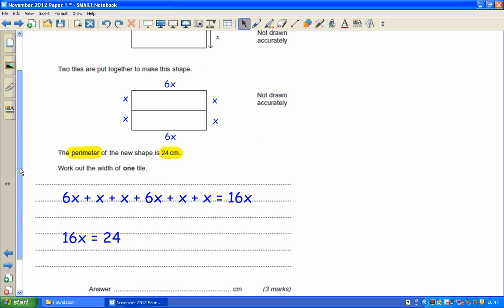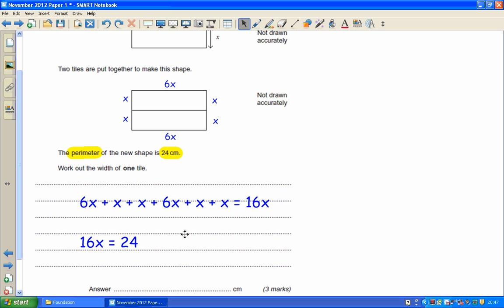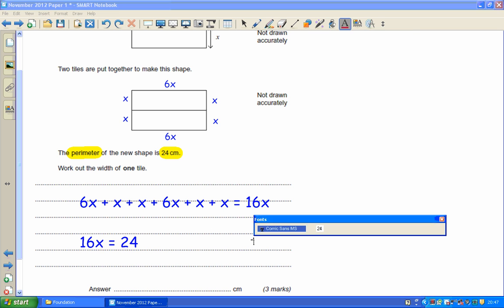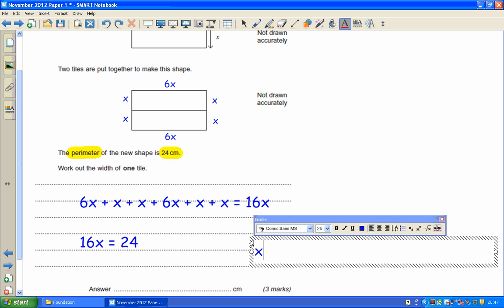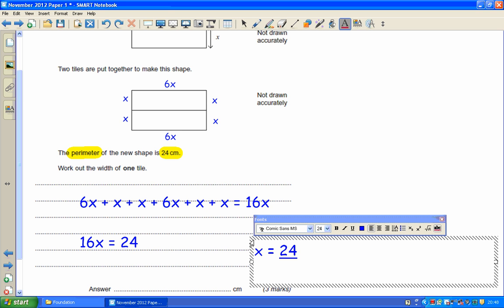So now the next job is we've got to work out what x is. So 16x is equal to 24, then x is going to equal 24 divided by 16. And that's quite hard to do.